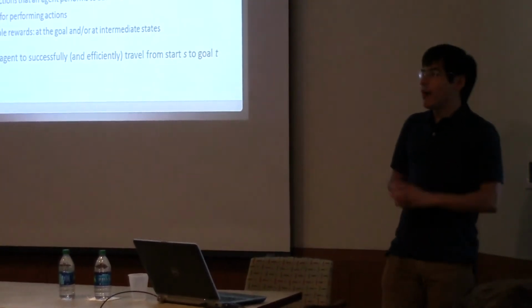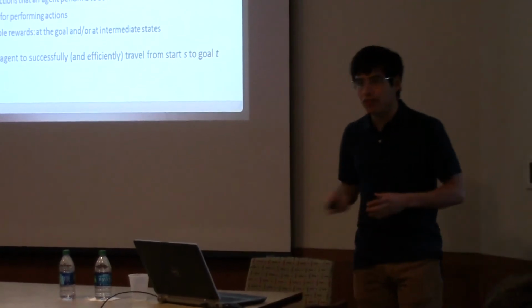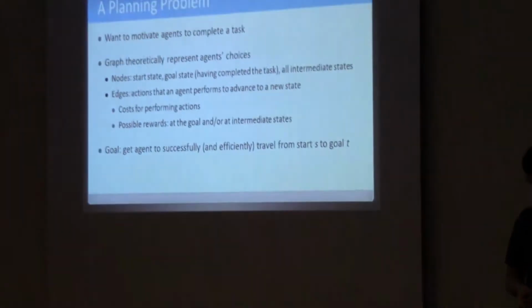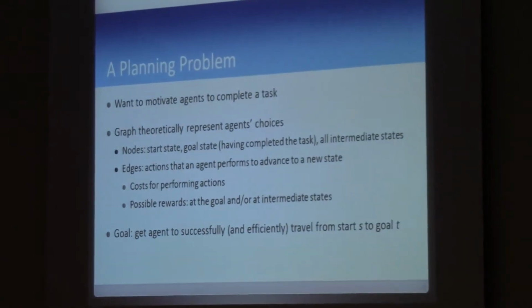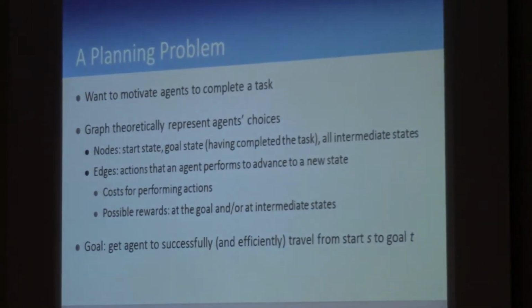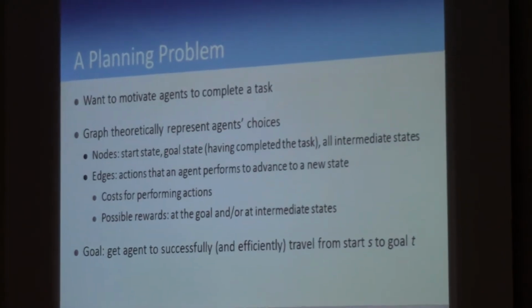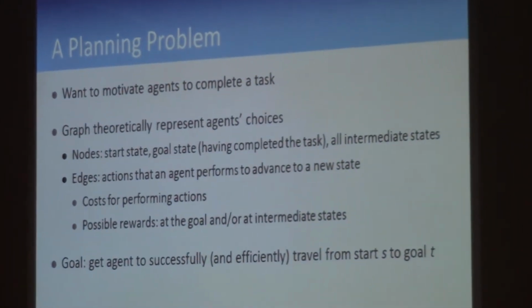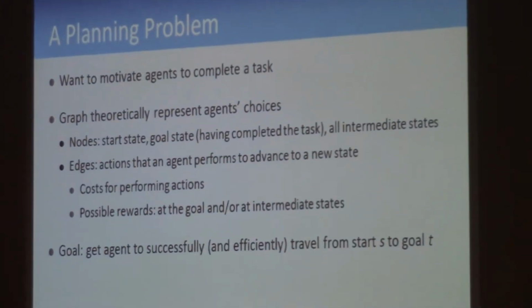So I went into the computer science part, and eventually I'm going to be studying planning problems. I want to motivate agents to actually complete a task. I can represent this as a graph, which I'll show an example on the next slide. In mathematics, you have a graph which has nodes, and it has edges connecting nodes or states to each other. These edges in our model represent actions that an agent can perform to advance it to a new state.